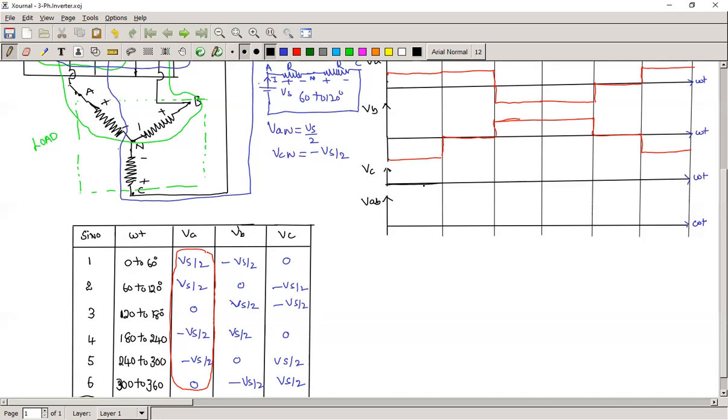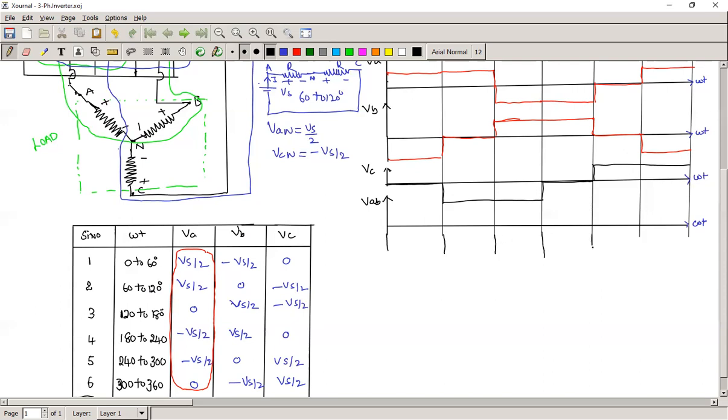Next minus Vs by 2, next 0, next plus Vs by 2. In the same manner, if you draw the VA voltage, now the phase voltages are completed.